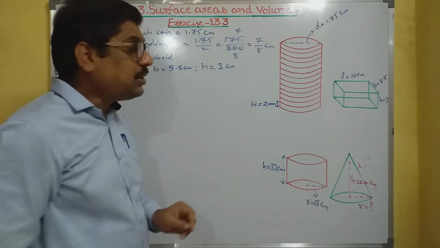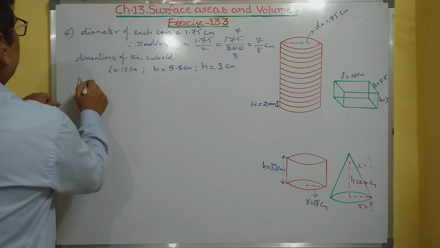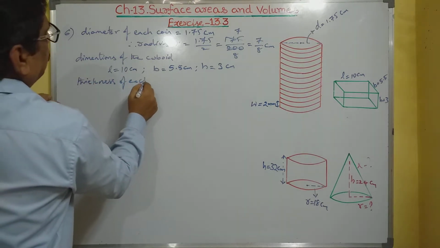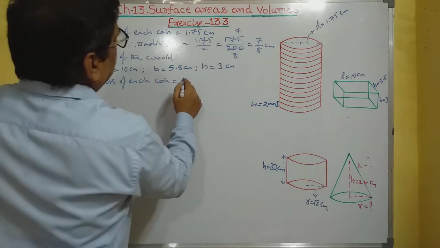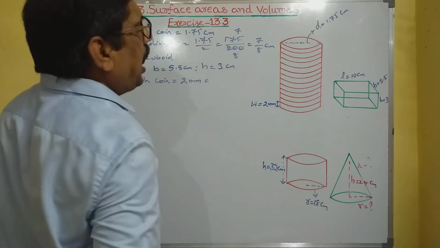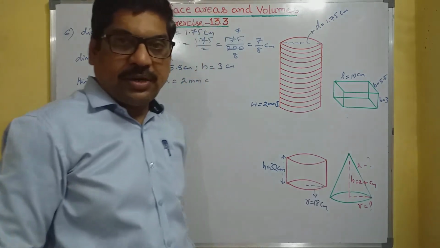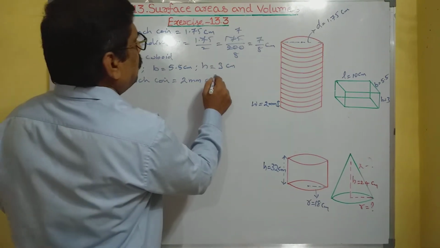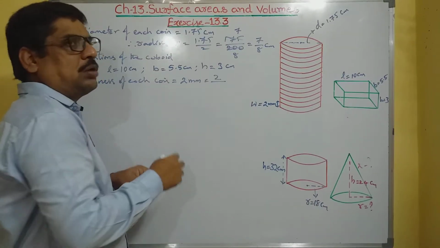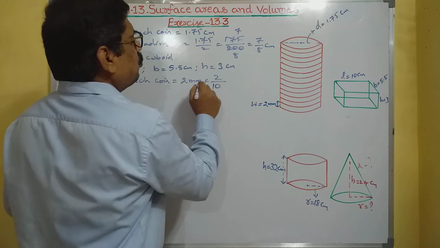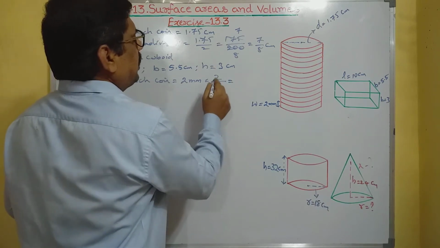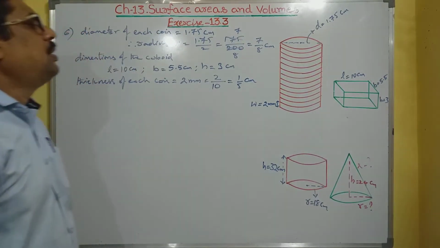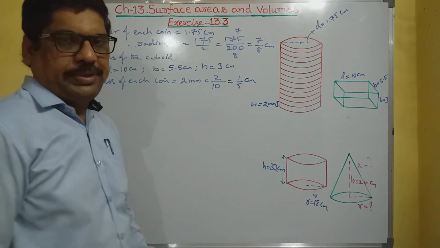He has also given the thickness of each coin. What is the thickness of each coin? It is given as 2 millimeters. As all the other dimensions are in centimeters, we need to convert the thickness of each coin into centimeters. So 2 millimeters, to convert into centimeters, has to be divided by 10, so 1 by 5 centimeters. These are all the dimensions of the given objects.